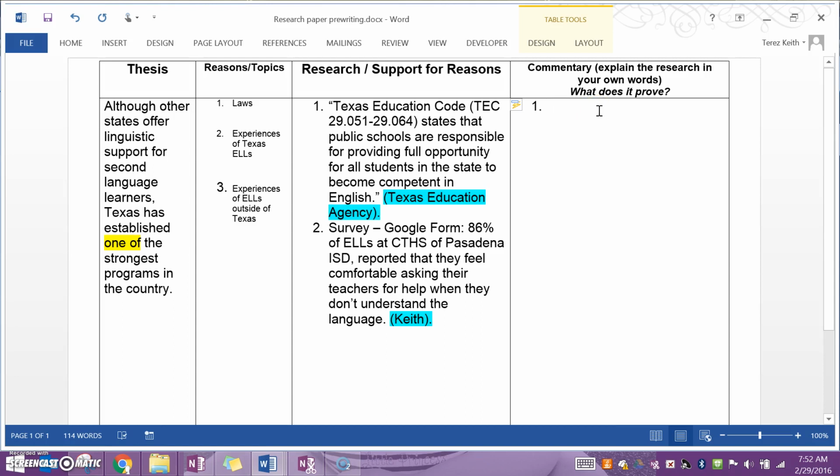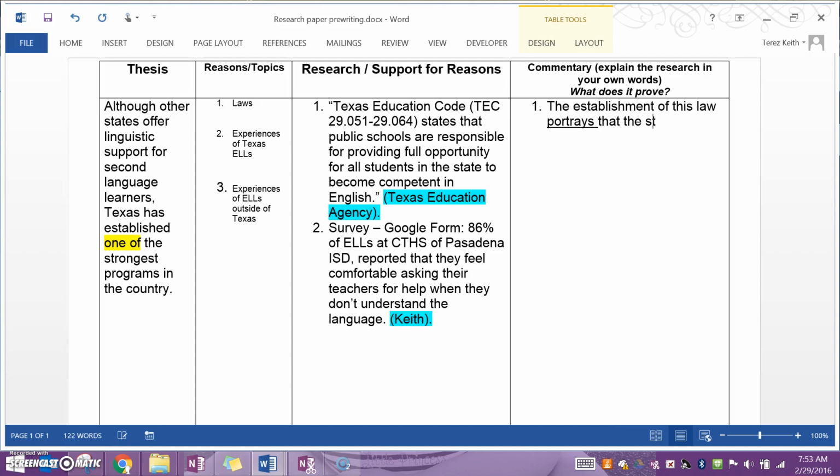So I'm going to do 1 again because it's going to connect. And I'm going to explain with this research, how does it prove my thesis? Well, the establishment of this law portrays, and we marked those marker verbs on the back of your foldable for this. Let me underline that. That's a marker verb.